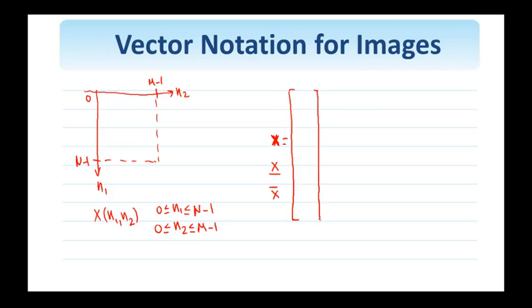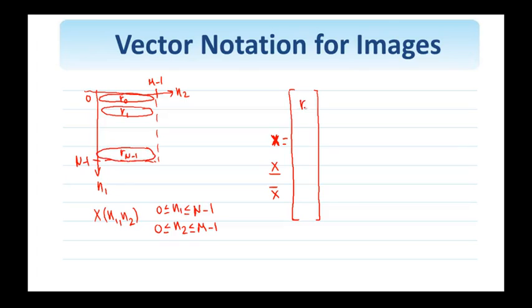So one way to do it is to take each row of the original image. So here's row 0, row 1, row n minus 1, and turn each row into a column vector.